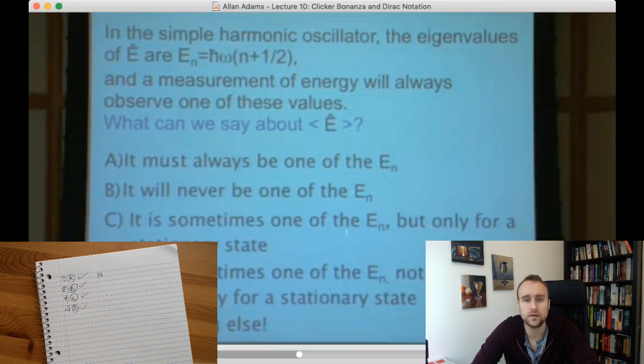It will never be one of the E_n. Well, presumably a physical state could be a stationary state of the ground energy, so the expectation would just be the ground energy. So B also seems to be wrong. C: it is sometimes one of the E_n, but only for a stationary state. D: it is sometimes one of the E_n, not necessarily for a stationary state.